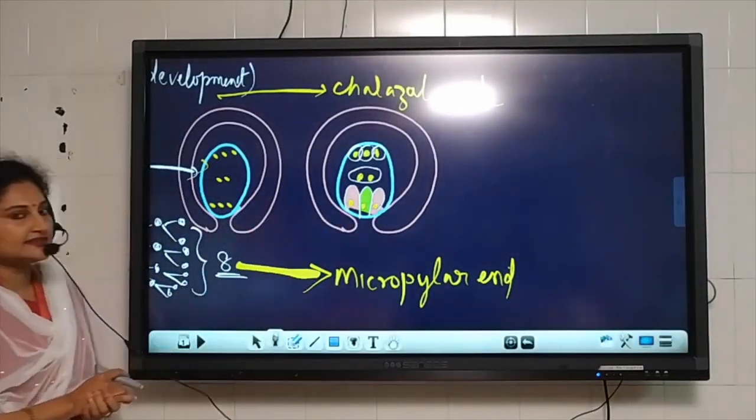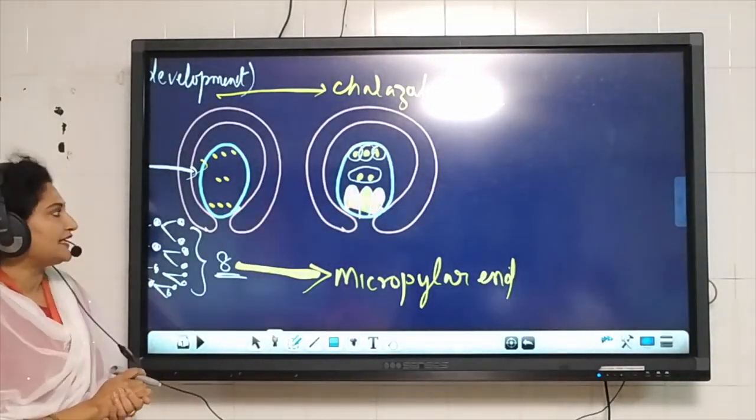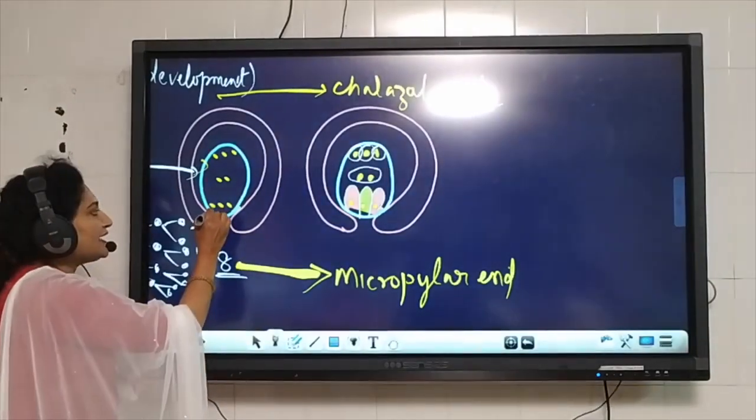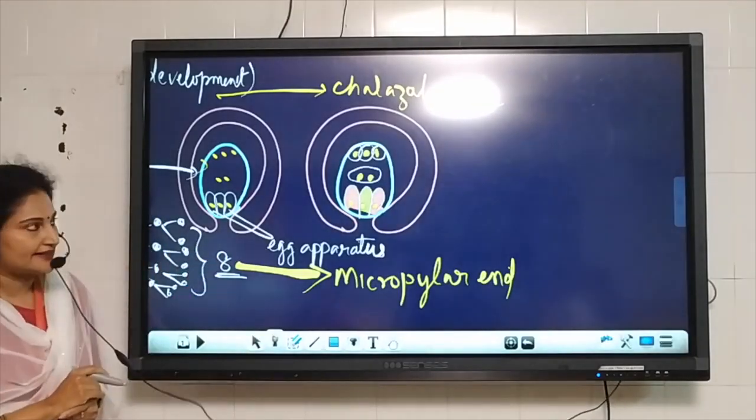The last event is the laying of the cell wall. Cell walls are laid around the nuclei. At the micropylar end, 3 separate cell walls are laid surrounding each nucleus. See? And this structure constitutes the egg apparatus. Once again, I repeat, cell wall is laid. At the micropylar end, 3 separate cell walls are laid around the 3 nuclei to form the egg apparatus.